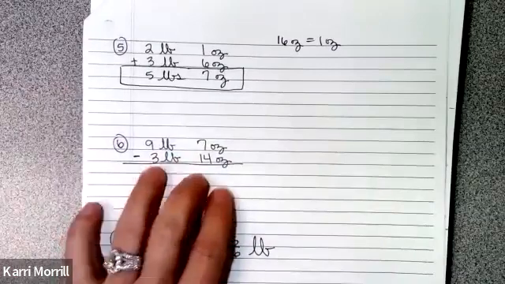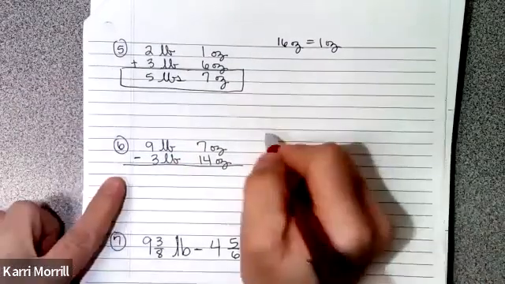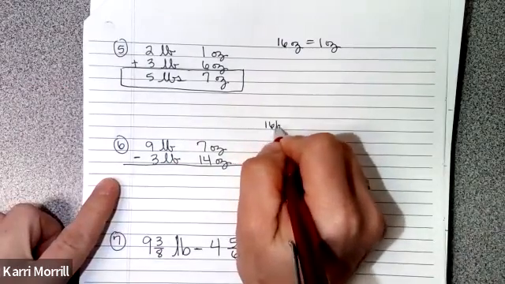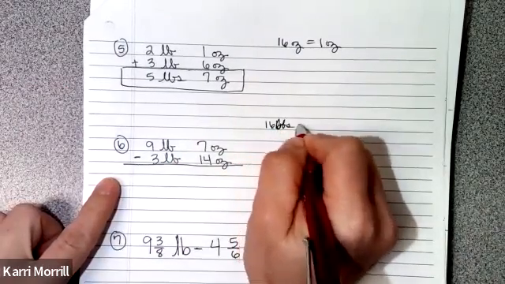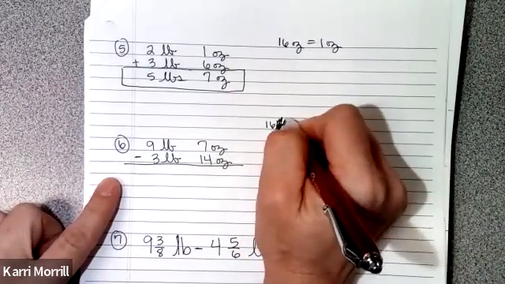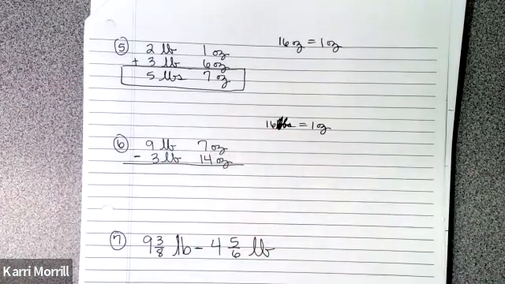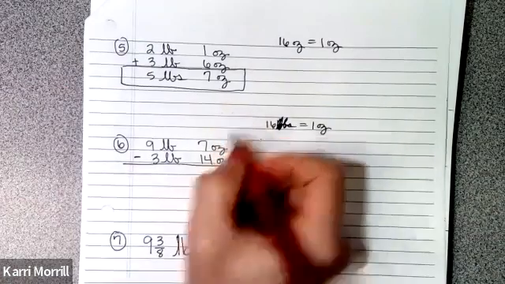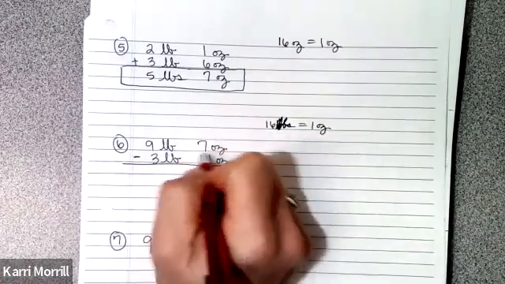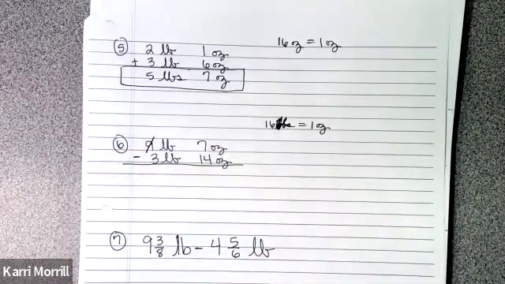Okay, but here we're subtracting pounds and ounces. Remember, I keep writing it 16 pounds in 1 ounce. My pounds got really funky, but pretend that says pounds. Can I subtract 14 from 7? No, so this number on top has to be bigger. So I need to borrow a pound and convert a pound's worth into ounces.